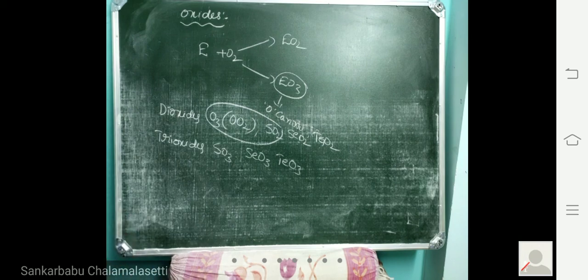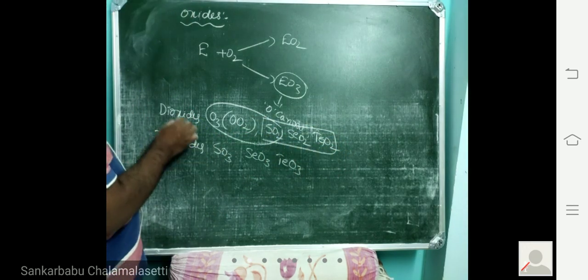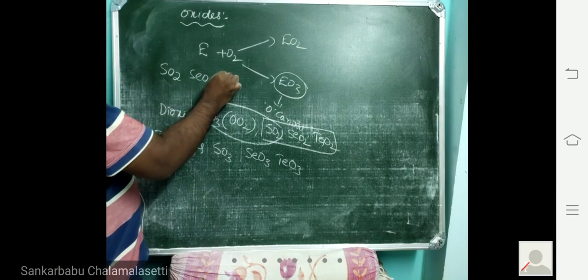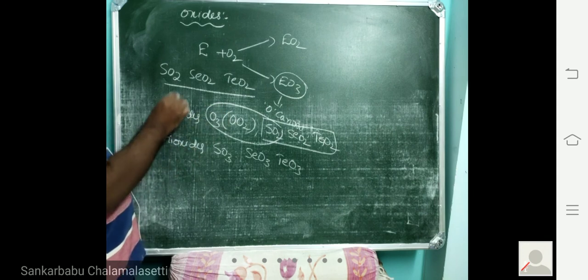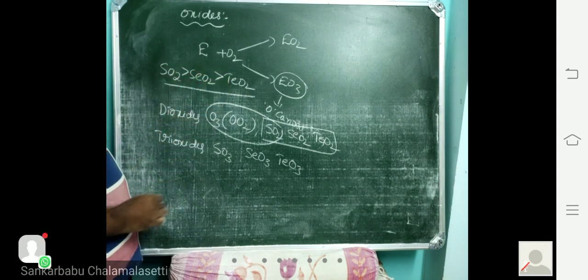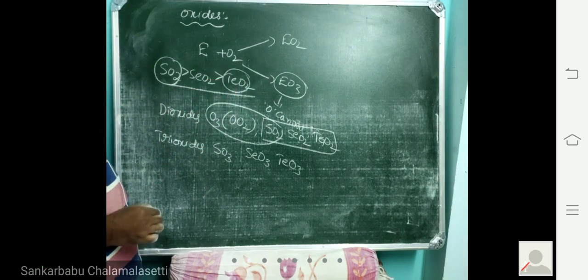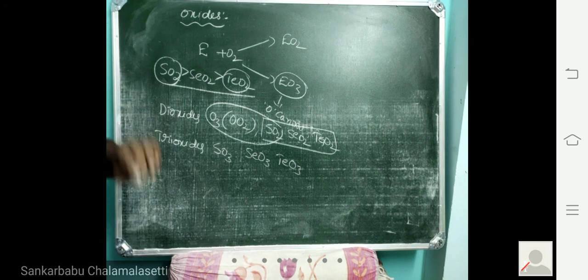These dioxides act as good reducing agents: SO2, SeO2, TeO2. The reducing property decreases from top to bottom. SO2 is a good reducing agent, and TeO2 is a good oxidizing agent. Of course, SO2 acts as a reducing agent as well as an oxidizing agent.